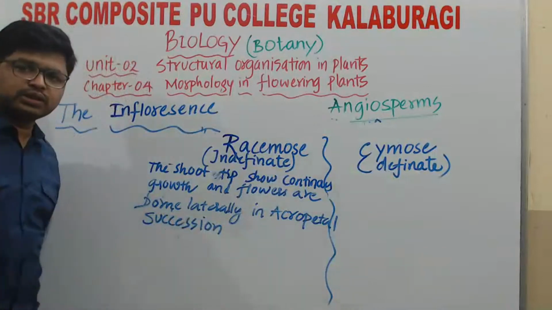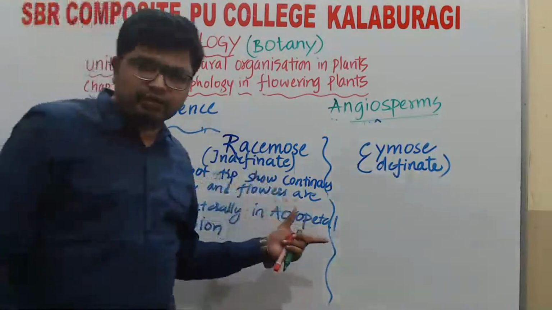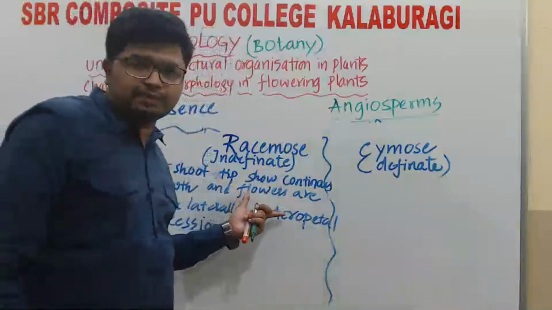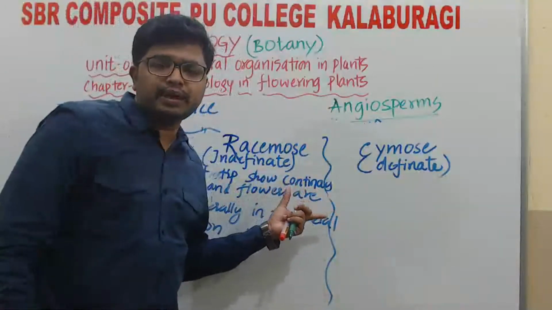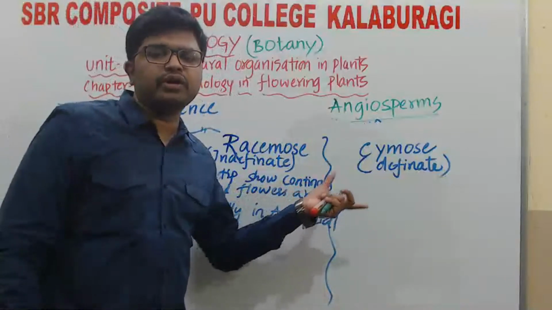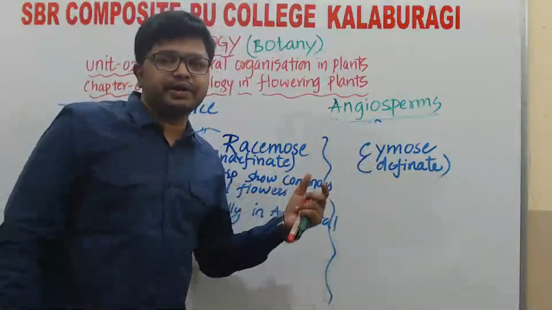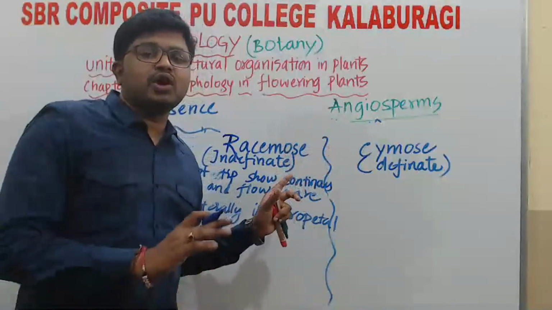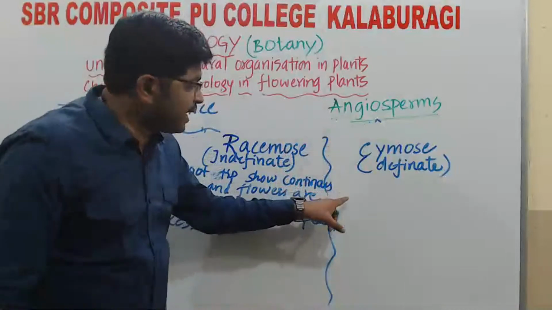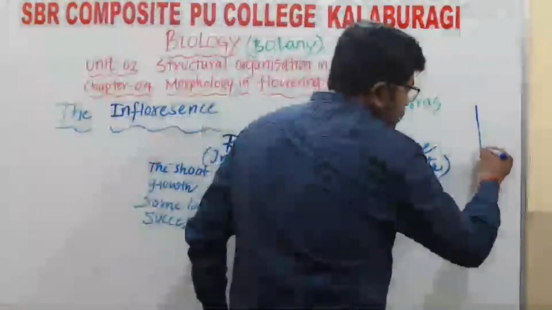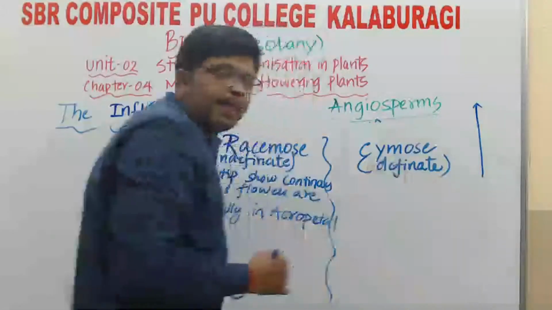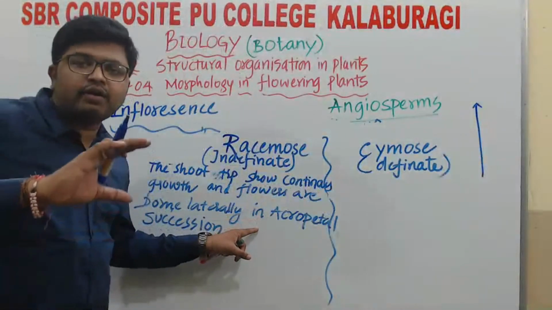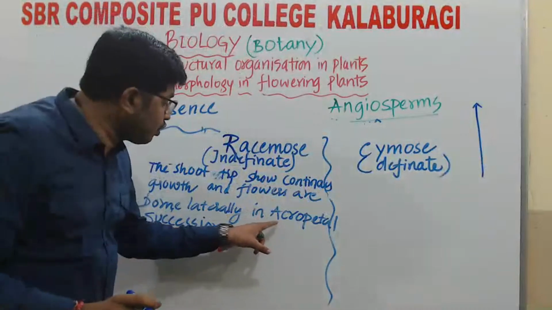What is racemose? Racemose is a type of inflorescence in which the shoot tip shows continuous growth. Meaning, there is indefinite growth. It is indeterminate. You cannot determine exactly how long it is going to grow, but it does not end up with a flower. The main axis goes on growing, and the flowers are borne laterally in acropetal succession.